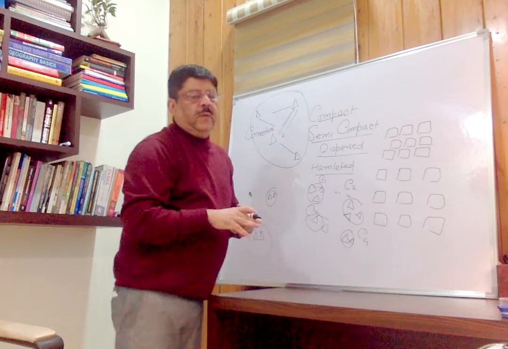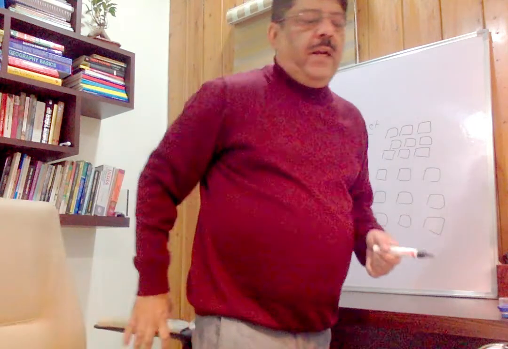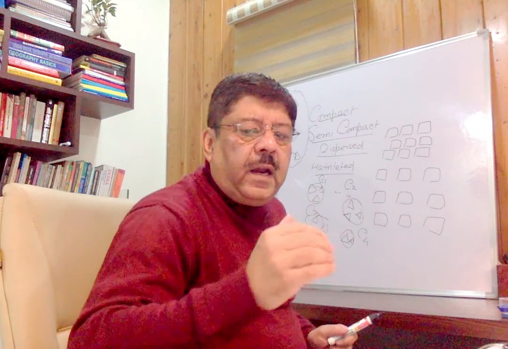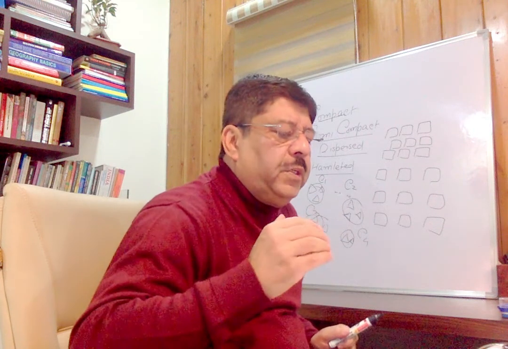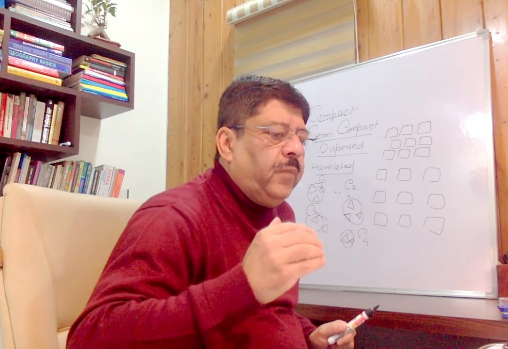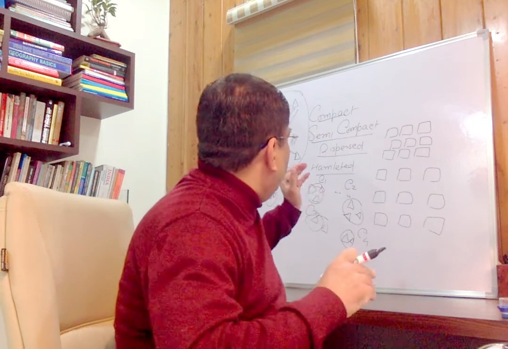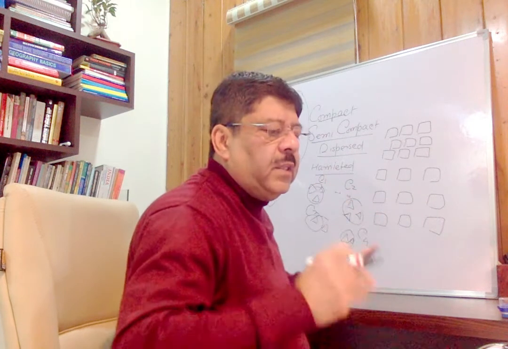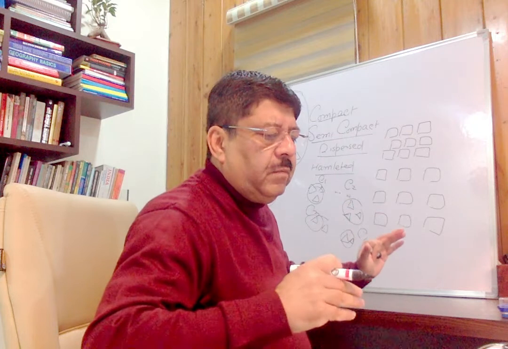ये बात कुछ समझ में आ रही है या नहीं? इन्हें हम एक विलेज इसलिए कह रहे हैं कि they are considered as one unit. And why are we classifying them into these types: compact, semi-compact, dispersed, hamleted?